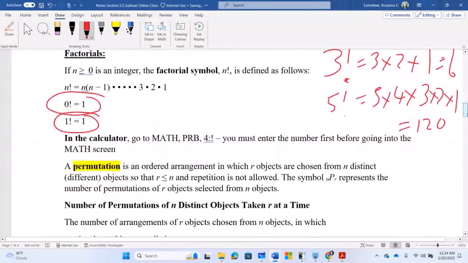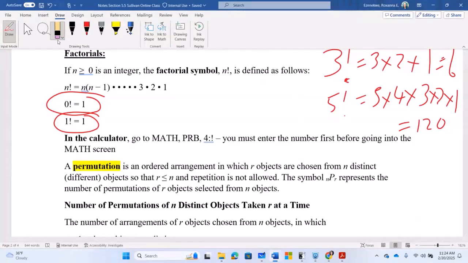Okay, so let's go to the next one, which is factorial. If n is greater than 0, an integer, the factorial symbol n factorial is defined by that. So how do I recognize the factorial symbol?